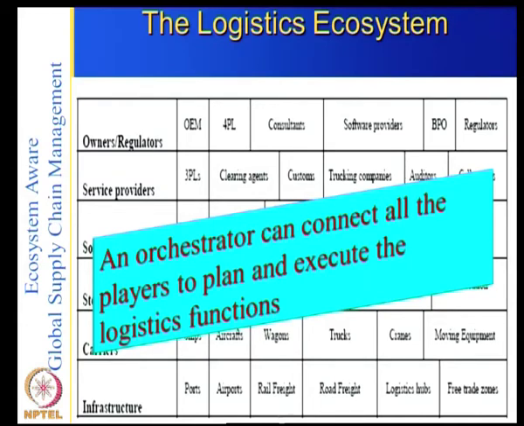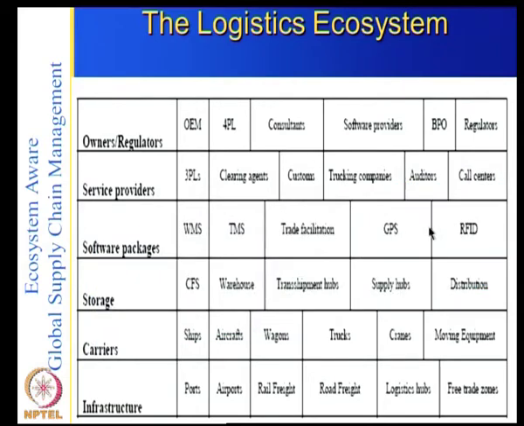So, if you are sending this from one place to the other, you choose 3PL clearing agents, and they will put it in some warehouse, and from there it will go to a port, from that port to another port, and it goes to a warehouse and through another clearing agent, and it will go to the particular owner, whoever it is.